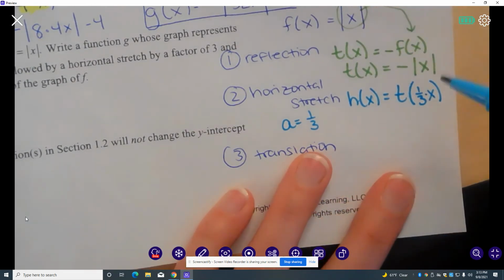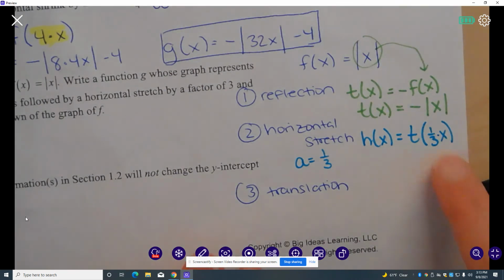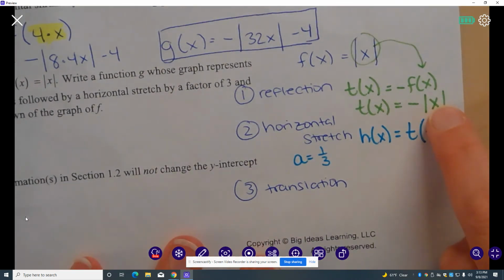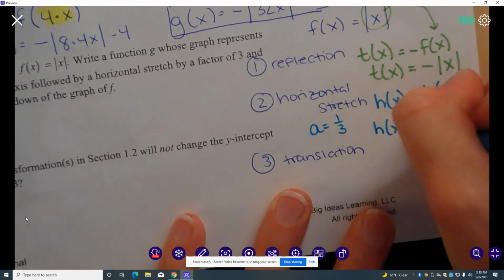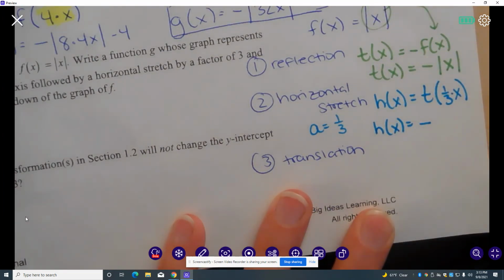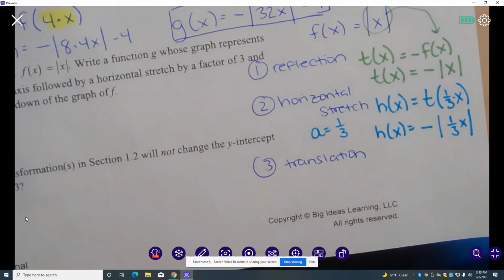And so now I'm going to go ahead and substitute 1/3 x in for x in my function above. So h of x will be equal to negative the absolute value of not x, but instead 1/3 x. And that's what I have after the horizontal stretch.